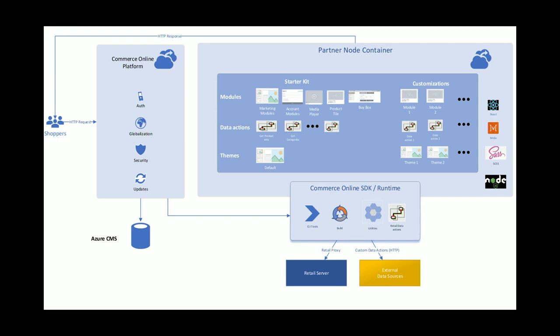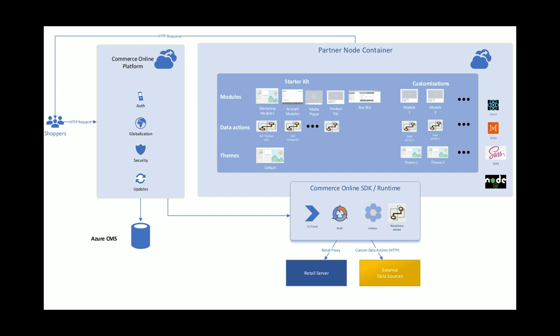It's actually a combination of files that get pulled in from there. They're really just JSON files that get saved behind the scenes. What then happens is that JSON gets thrown over to the partner node container. That's responsible for rendering. That's responsible for pulling in all of these modules and something called data actions to get data.